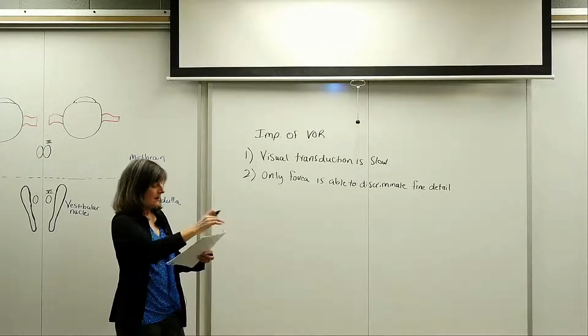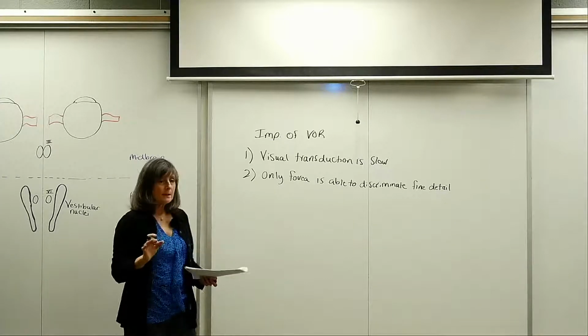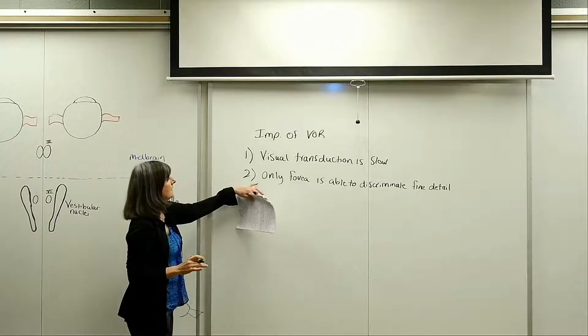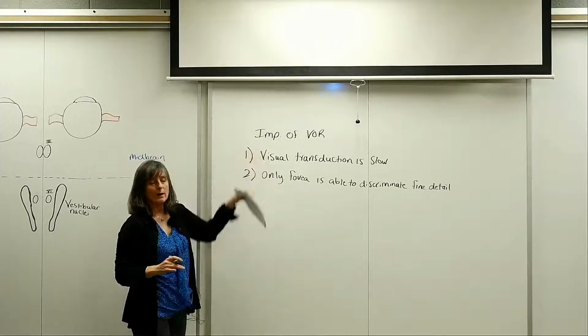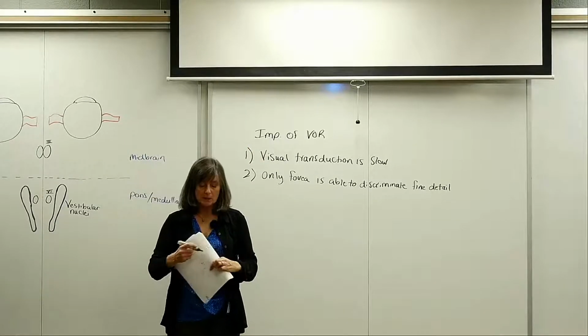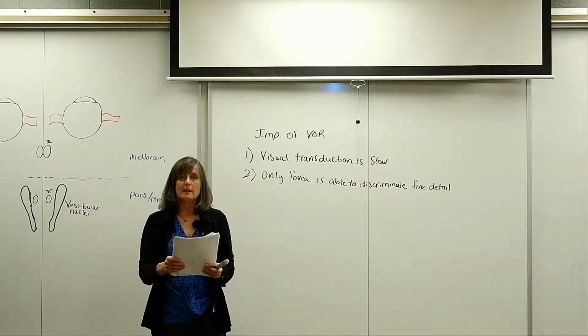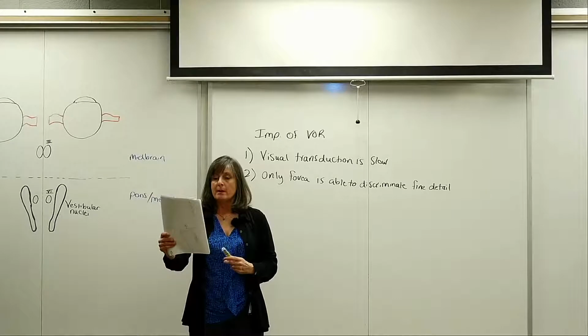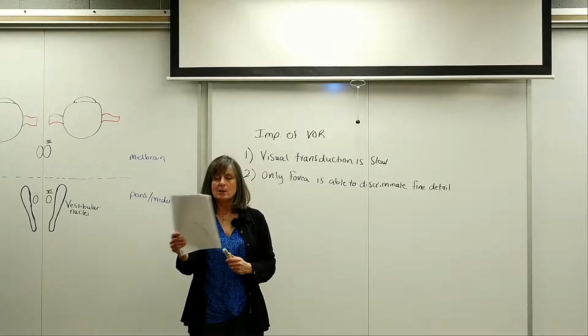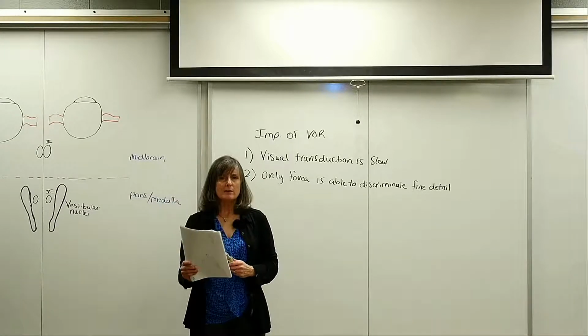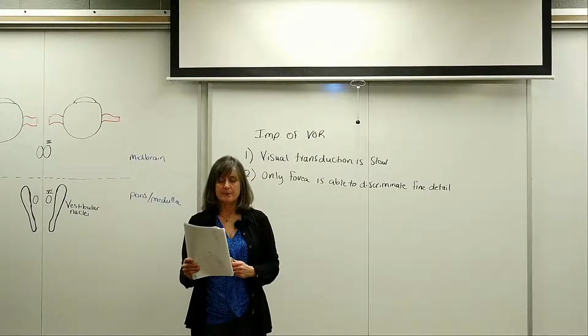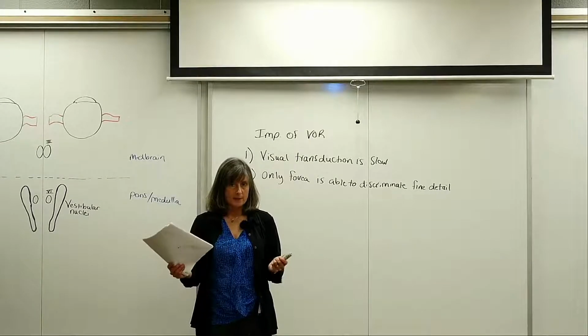Okay, so for a demonstration of how important and how well the VOR works, what I'd like you to do is pick up a piece of paper that has writing on it, or your tablet or something, and start moving it. Notice how quickly it starts to blur, even if you're not moving that paper very much. So try that.